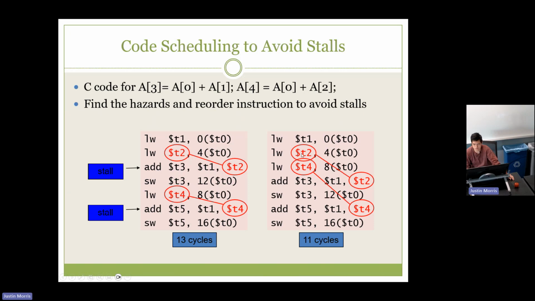So this load word is still going to be a dependency for this add, but we shove the other load word in between. And this load word is not dependent on this load word, right? So this is like having a stall, but we're doing this useful instruction of a load word. And then because we have these two instructions in between this load word and its dependent instruction, we again don't need to stall.